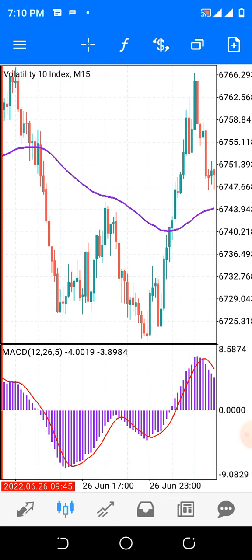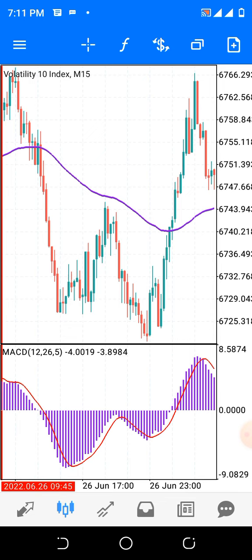Now, there are two sections of MACD. Above 0.0000 is the positive section of MACD, while below 0.0000 is the negative section of MACD. Now, when there is a move from the negative to the positive side of MACD, you are taking a buy position.